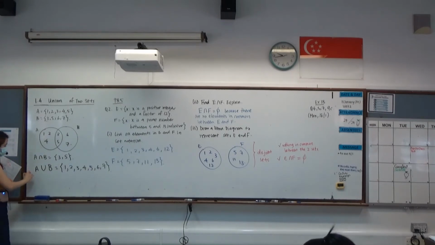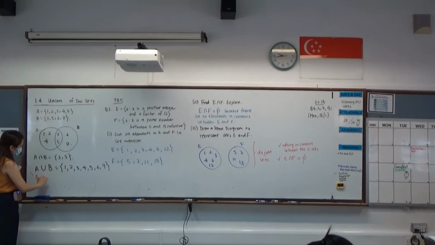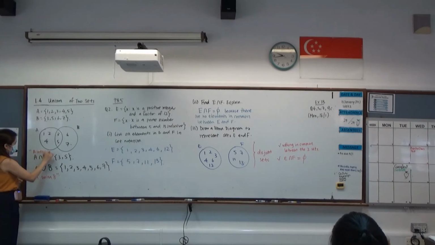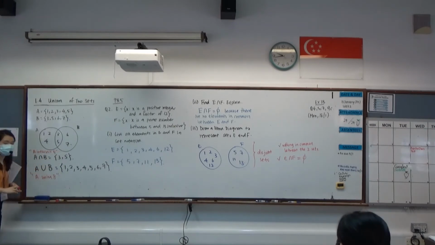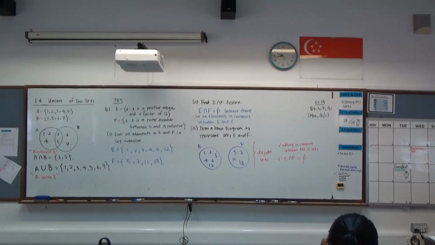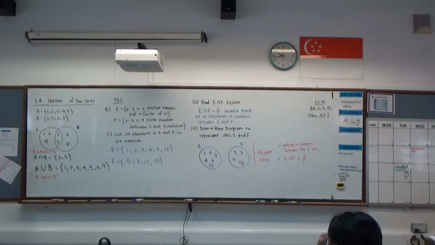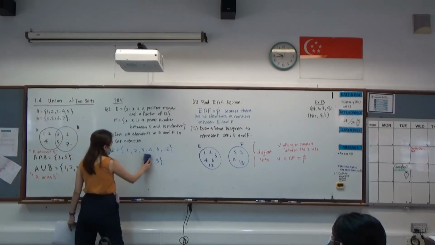This is how we read it: A union B. Likewise, A union B itself is also a set, just like how A intersect B is also considered a set.